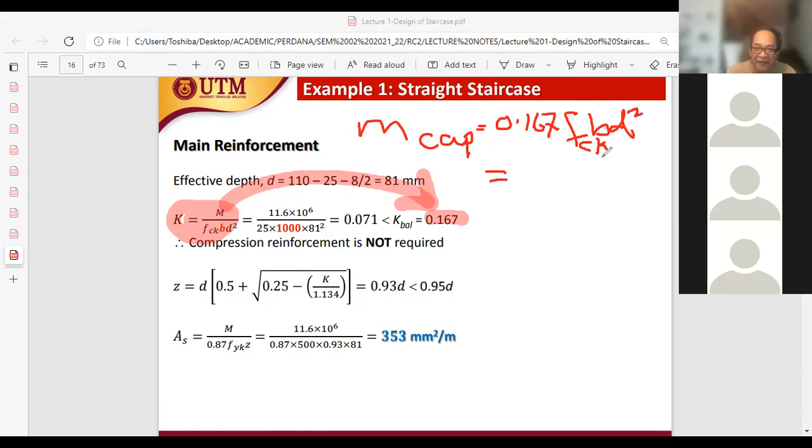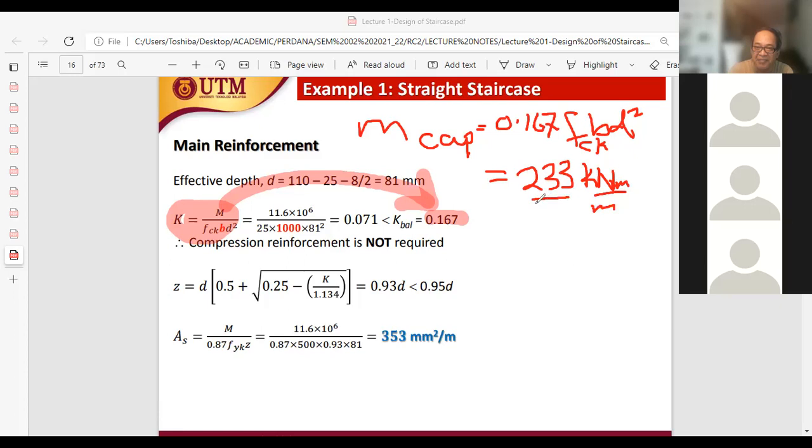FCK 25, B 1 meter, D kita ada berapa ni? 81. BD squared. 0.167 FCK BD squared. Dapat berapa moment capacity dia? 200 lebih kurang 233. 233, betul? Okay. Kilonewton meter per meter width.